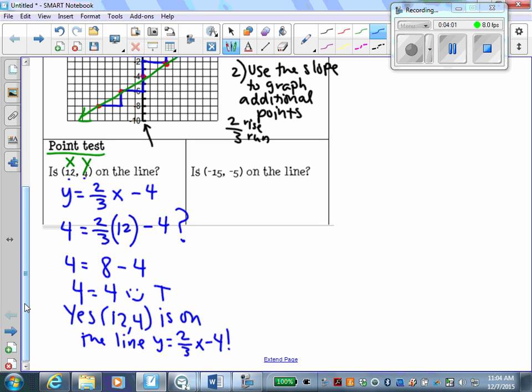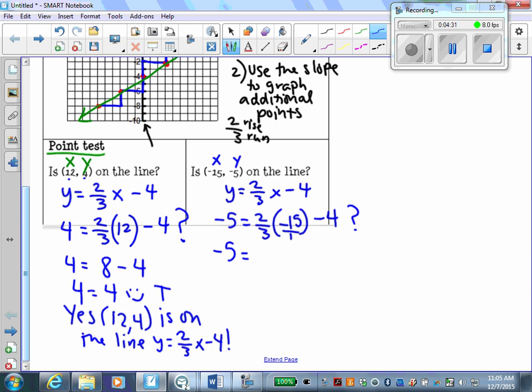Yay. Okay, the next one, we're going to try one more, is (-15, -5) on the line. So I always write out the equation again. y equals 2/3 x minus 4. I'm going to plug in -15 for x, -5 for y, and see if it's true or not. So -5 equals 2/3 times -15 minus 4, question mark. Is that true? So to multiply with a fraction, remember this is like over 1. So I'm multiplying the top times the top.